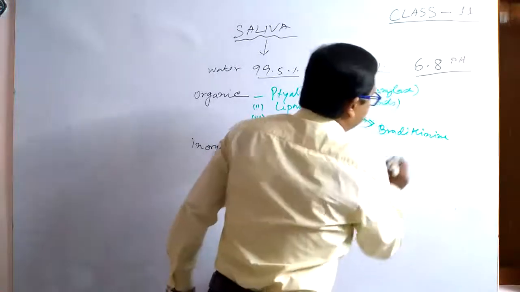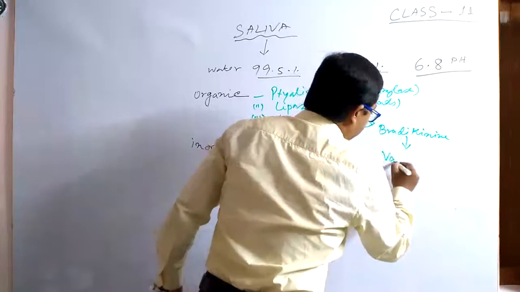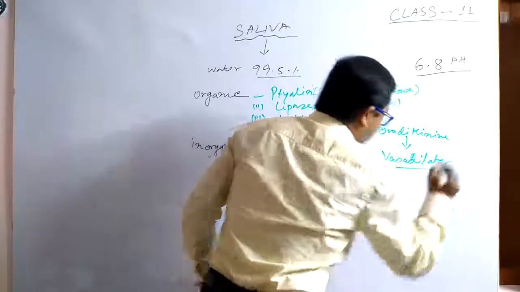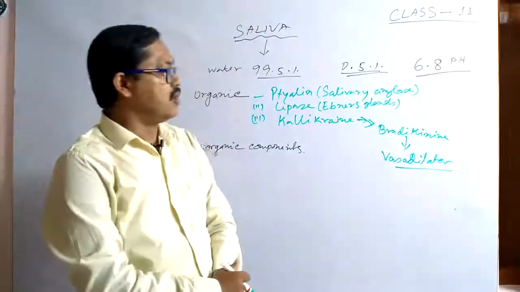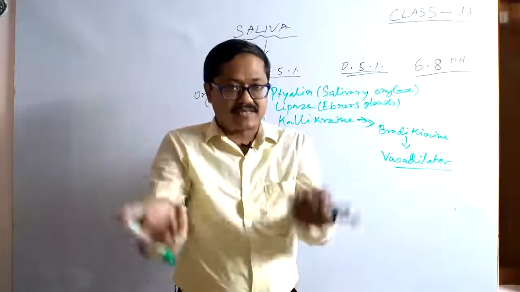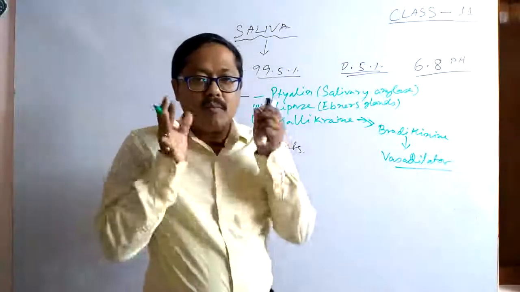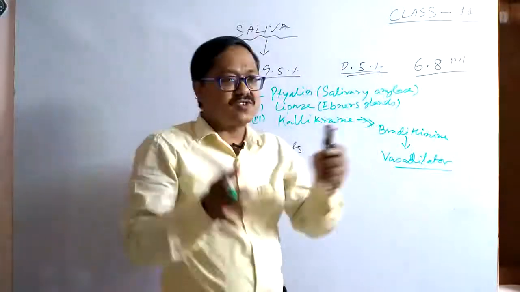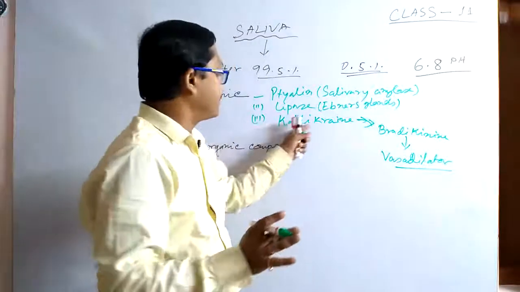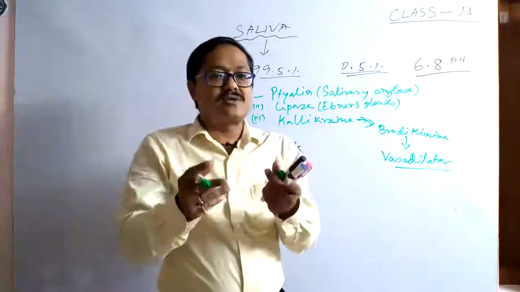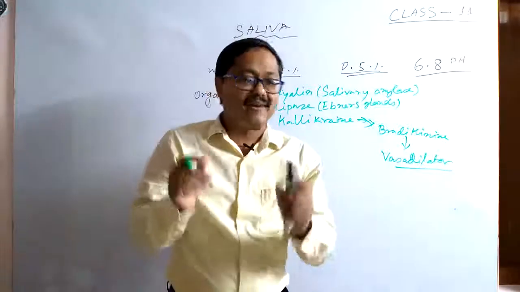Bradykinin is a vasodilator. What do you mean by vasodilator? A vasodilator is a compound which dilates our blood vessels so blood flow increases. As blood flow increases, more salivary secretion takes place. Kallikrein is one of the components that stimulates secretion of different types of glands.